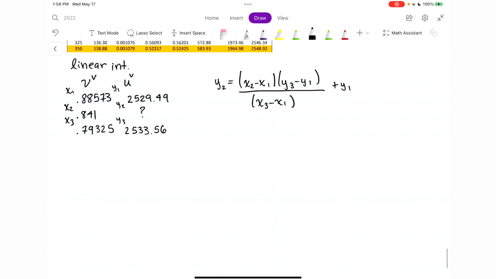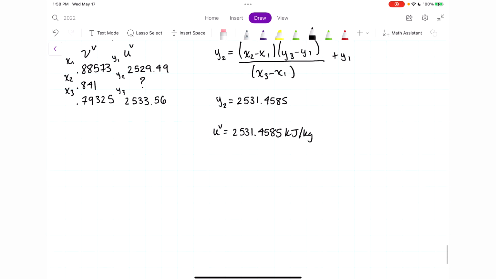And I figured out that my Y2 is 2531.4585. So my specific internal energy is 2,531.4585 kilojoules per kilogram.